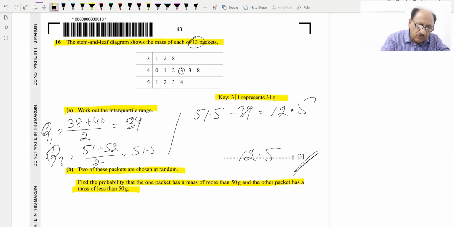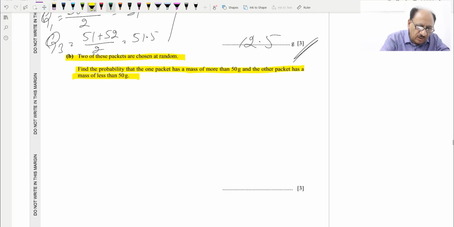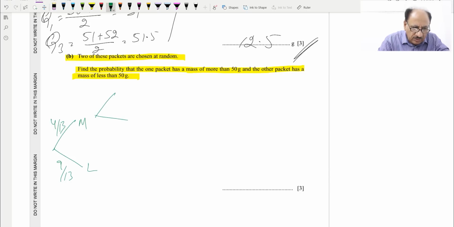If we check, more than 50 gram are these 4 values, and the rest, 9, are less than 50 grams. So if we make, for example, a tree diagram with more and less, more are 4, so we can write 4 out of 13, and this will be 9 out of 13. And then we can take more and less, more and less.